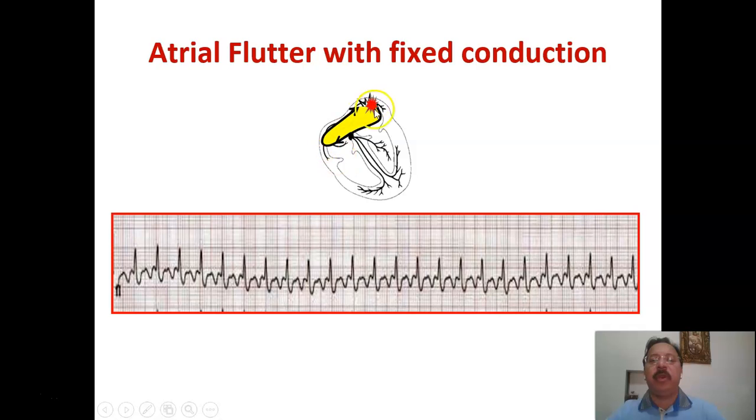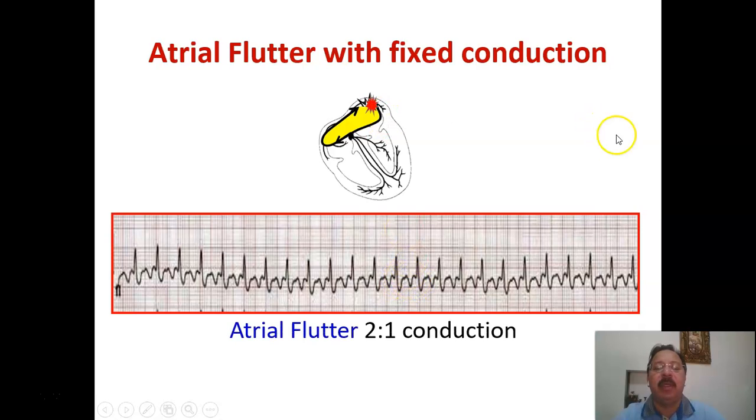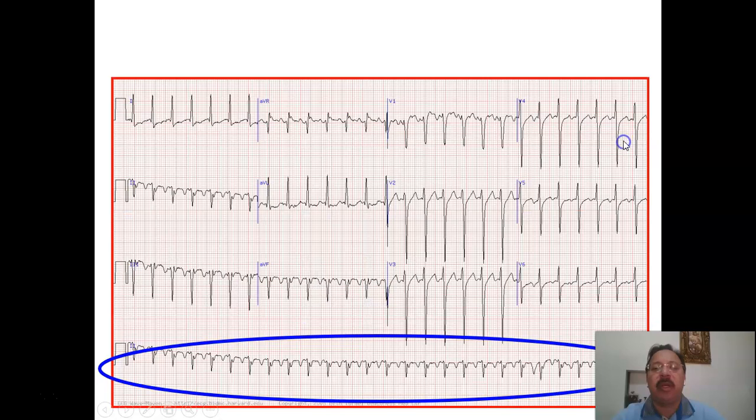If it moves 4 times, you will get a 75 heart rate and 4 flutter waves, and then you may get the sawtooth pattern. But here at a 150 heart rate, it's difficult to get the sawtooth pattern because you will see only 2 notches, the flutter waves. So this is your atrial flutter with 2-into-1 conduction.